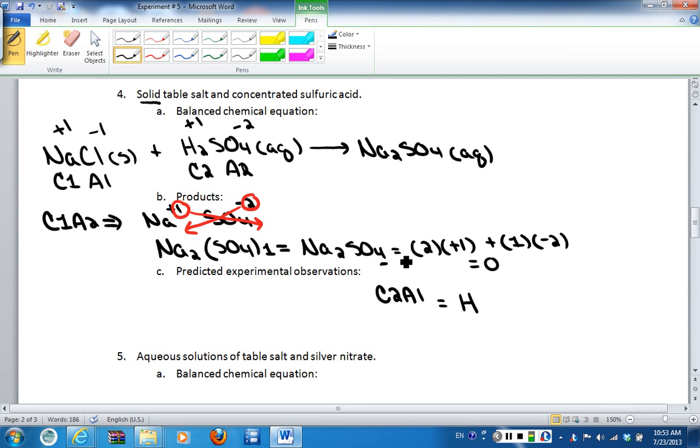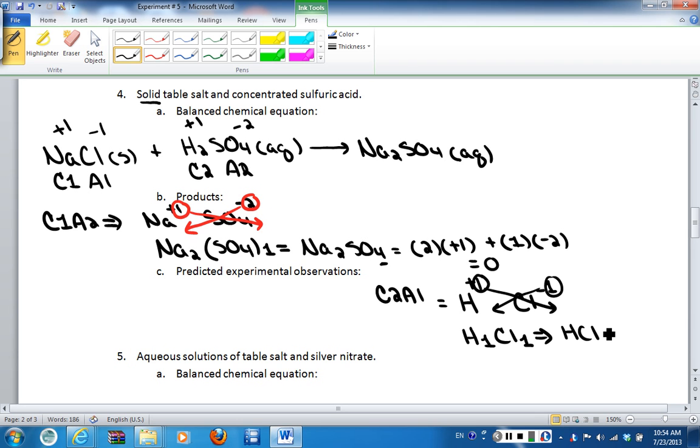When you have just regular elements, you do not take the subscript. So this would just be H instead of H2. So H has a +1 charge, and it is being paired with Cl-, which has a -1 charge. So again, we cross just the number, and we have H1, Cl1, which then becomes HCl.